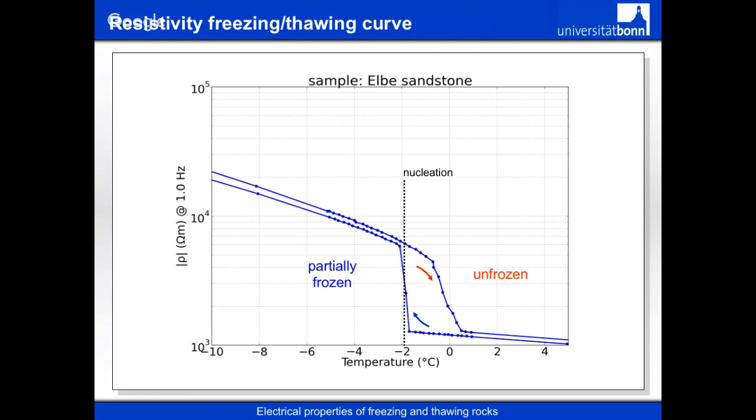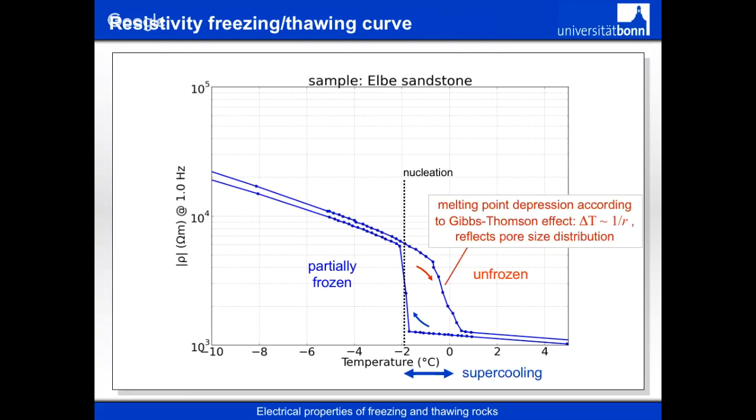So we have here certainly already some amount of liquid water in the sample, but in the small pores. And as we now approach 0 degrees again, we have more and more pores, and the larger pores then again become liquid and contribute to the conductivity here in the unfrozen state. Anyway, that's a long story.